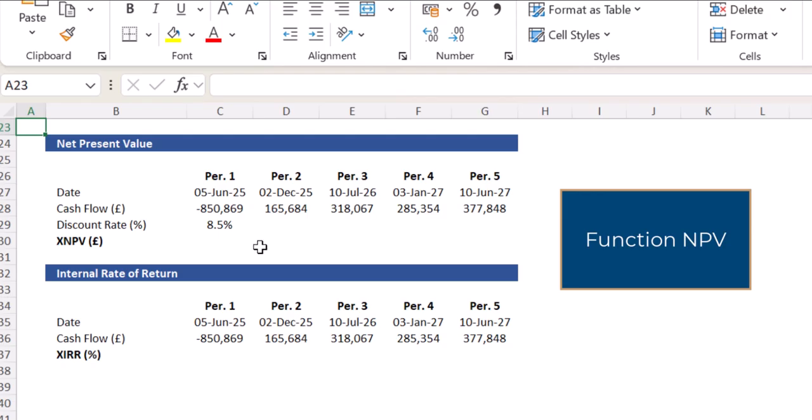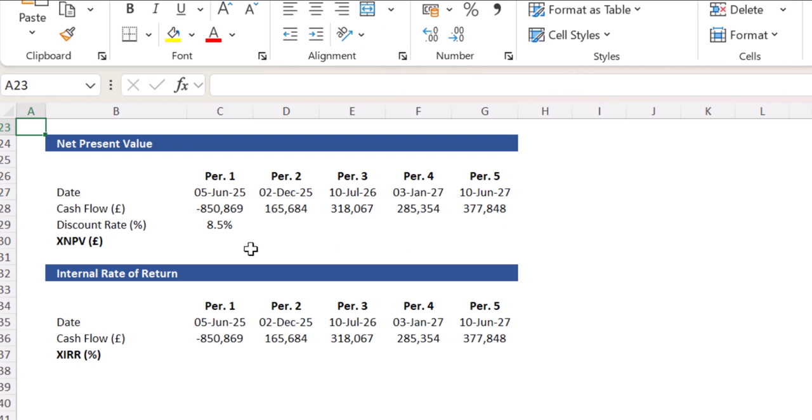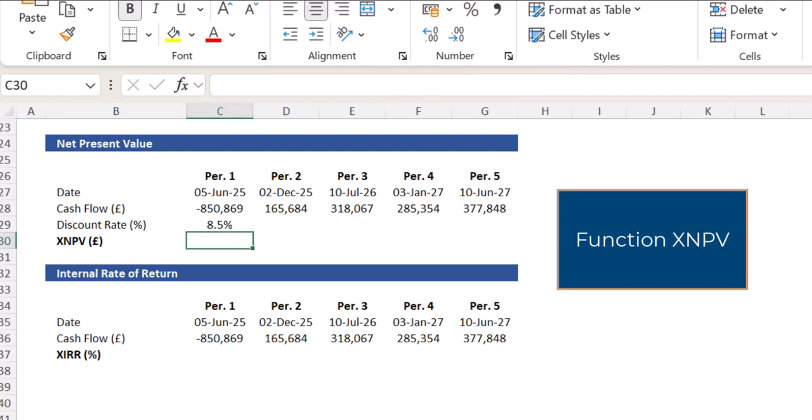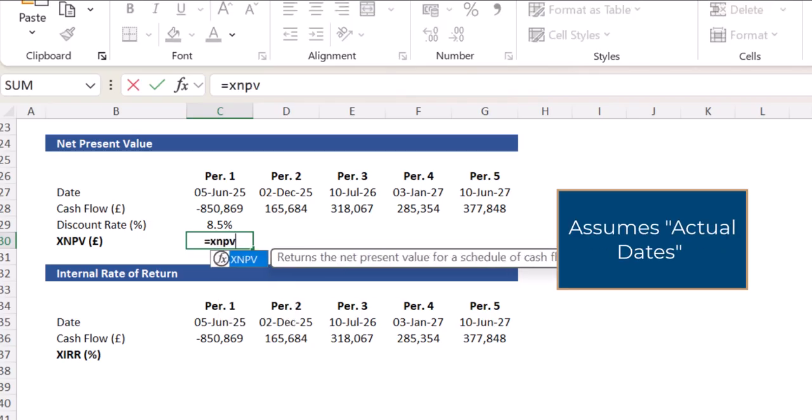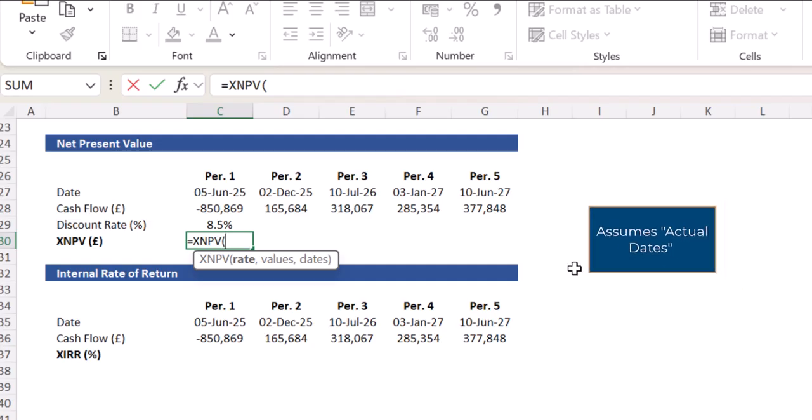Excel has two functions that perform the net present value assessment. The most basic one is the NPV, which is used for payments taking place at regular intervals, like every 30 days or every 365 days. As this is rarely the case, there is another function called XNPV, which considers the actual dates when you expect the stream of cash flows to take place.